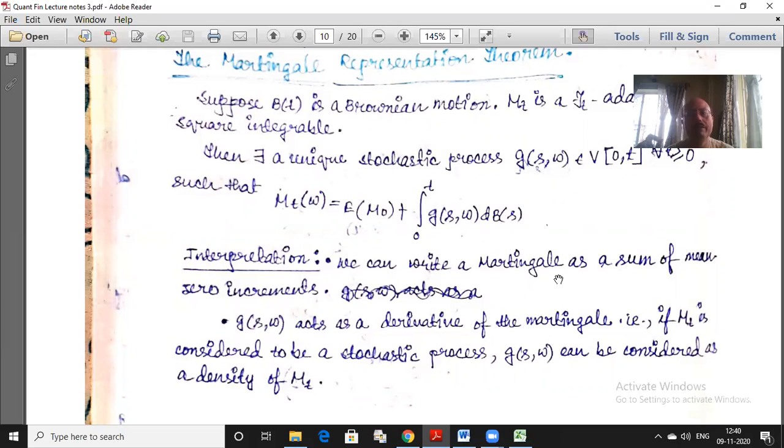And what is the rate of change or the slope of that? That slope is given by this function G. So G in effect acts as the slope or the derivative of this martingale. So if you visualize what would be a derivative of a martingale, then G acts as that derivative.